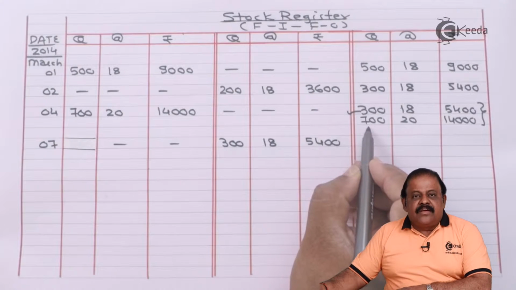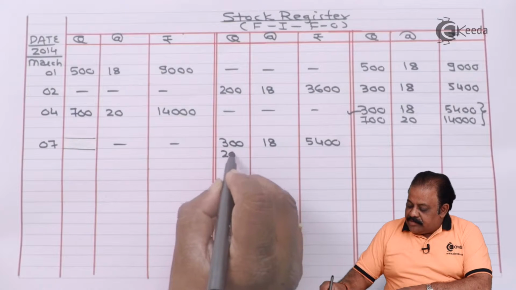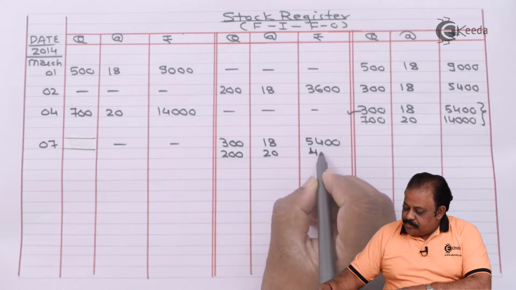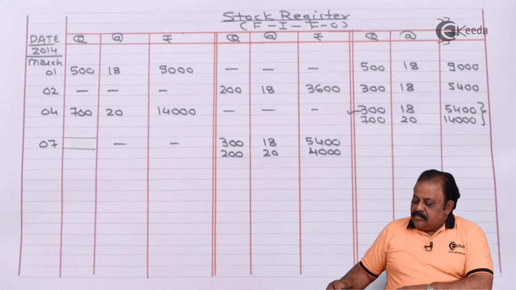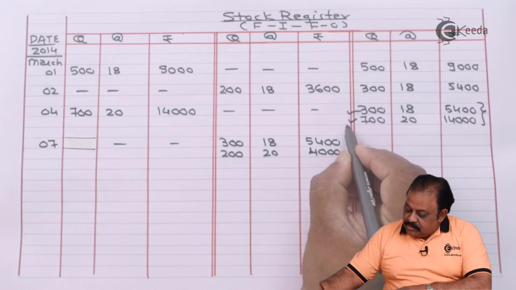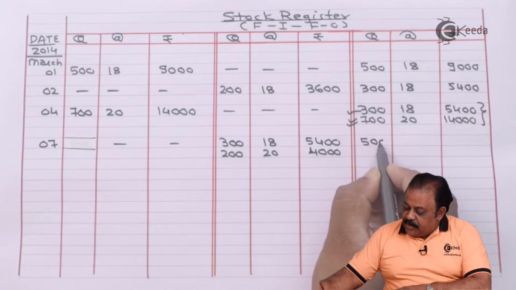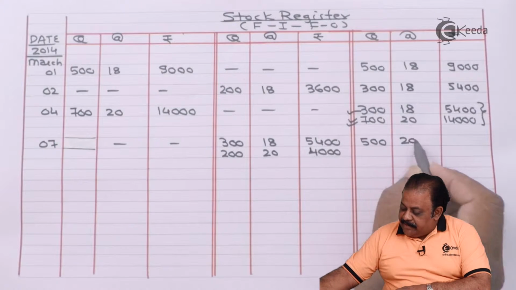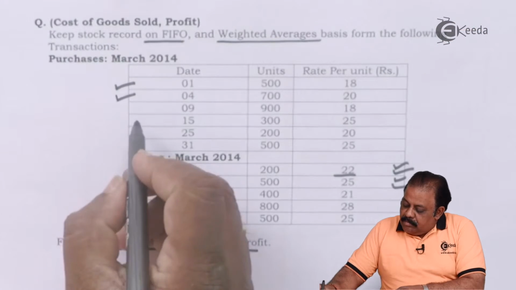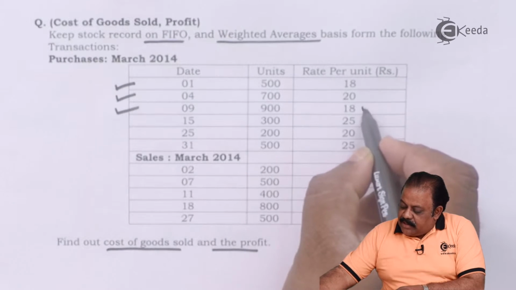From the stock of 700 units, we are required to issue balance units, that is 200 units at the rate of 20. So it is 4,000. Now out of 700 units, we have issued 200 units. So balance units remained 500 units at the rate of 20. So it is 10,000. On 9th March, there is again purchase of 900 units at the rate of 18.